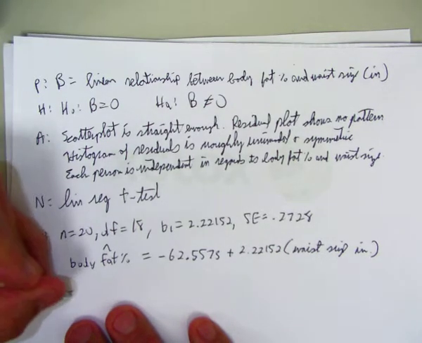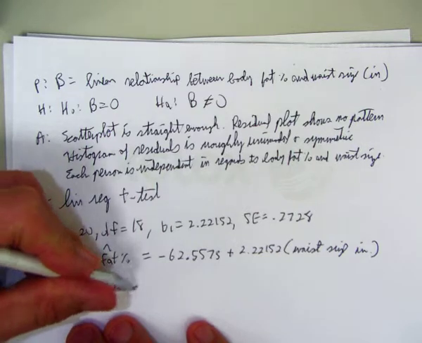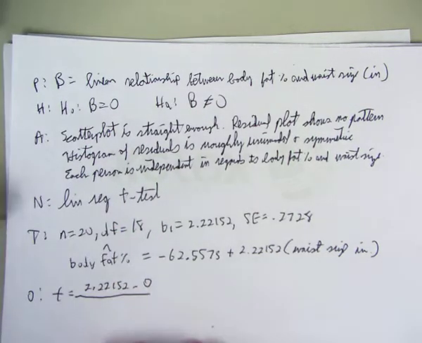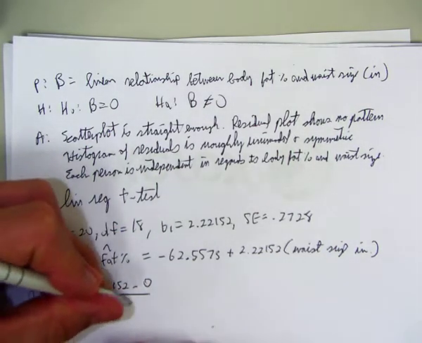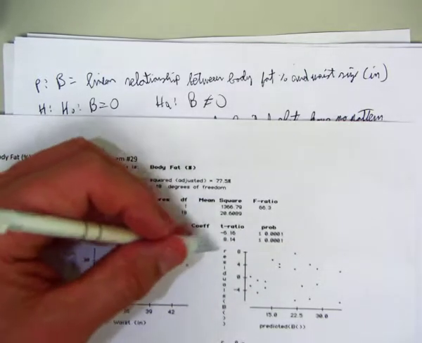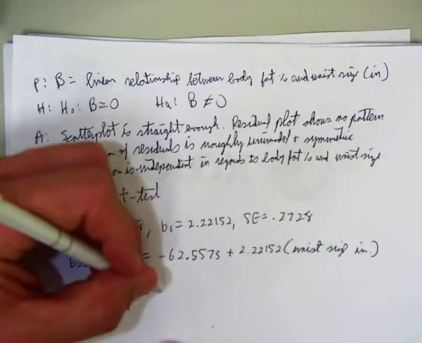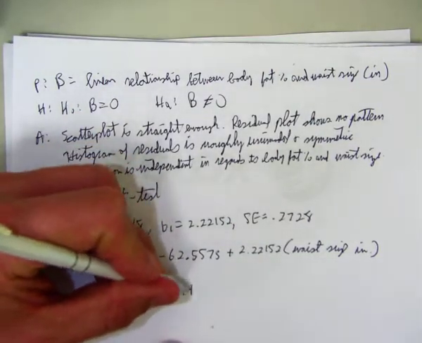Obtain P. T is going to equal b sub 1 minus b sub 0 over the standard error. And our T value is like 8.14, which is right here. Okay. So it's 8.14. So this is a two-tail test.